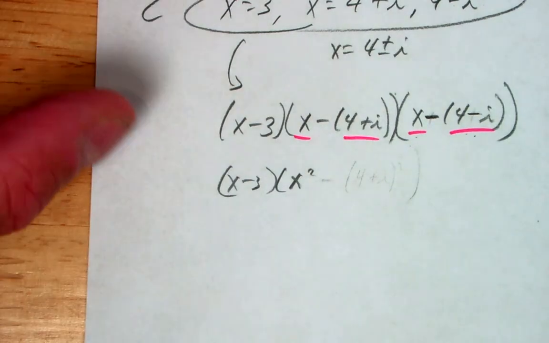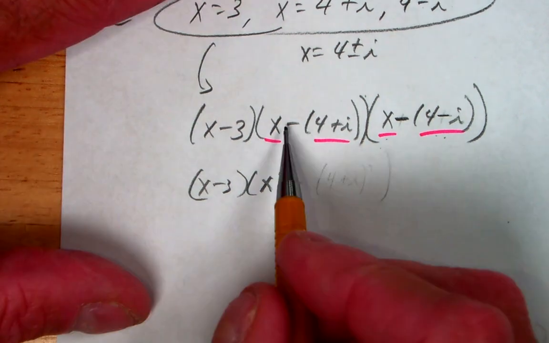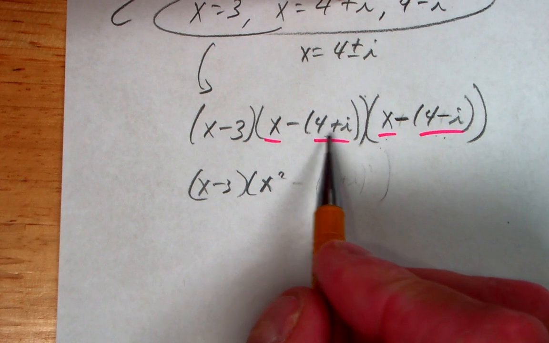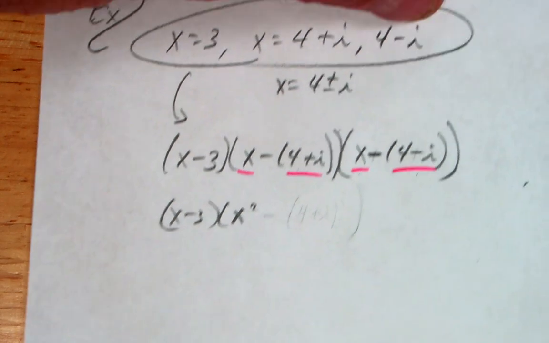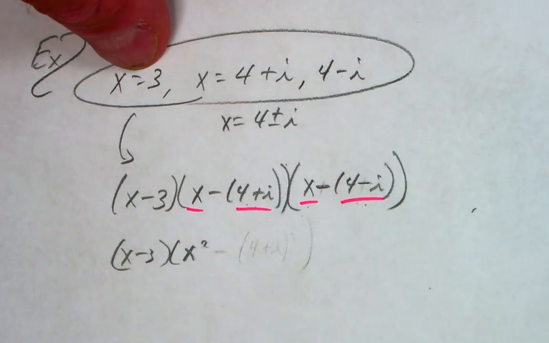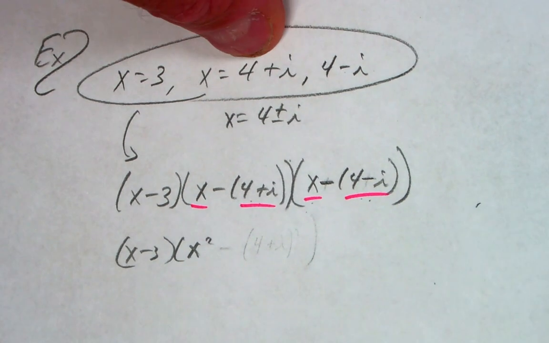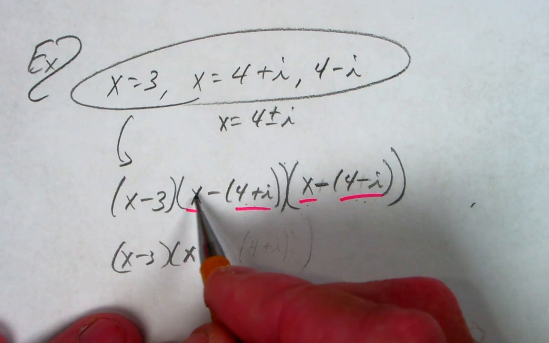This is the hard way. Okay? So I got x minus my 1 root, x minus my other root. Okay, if I come up here. Okay? So it's just like it's x minus 3, x minus my root, x minus my root. That's it. Okay? Now let's do a better job multiplying these things together.